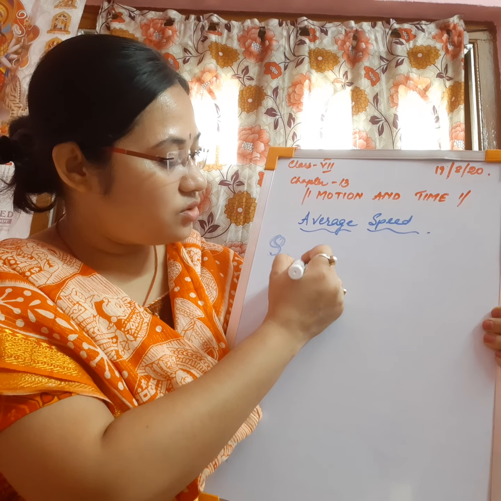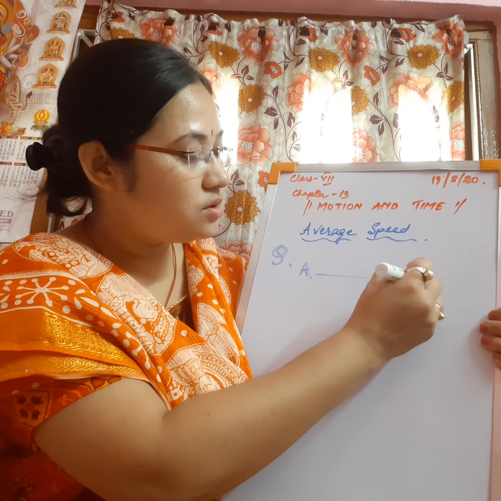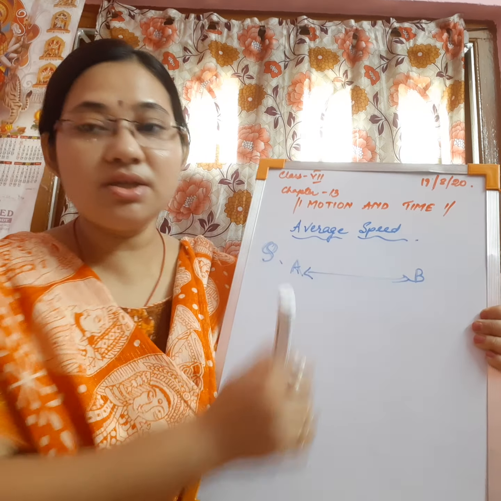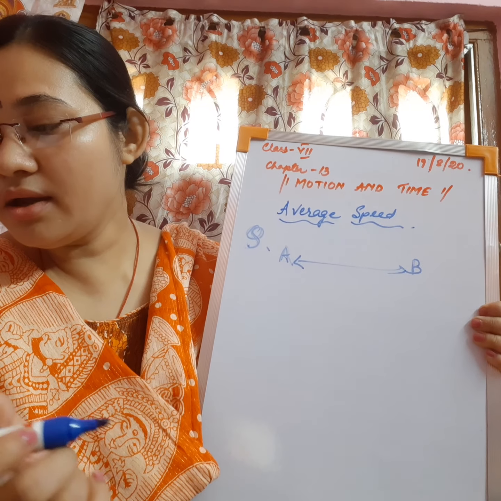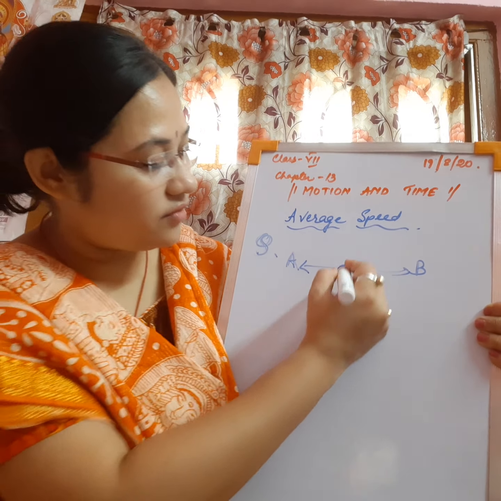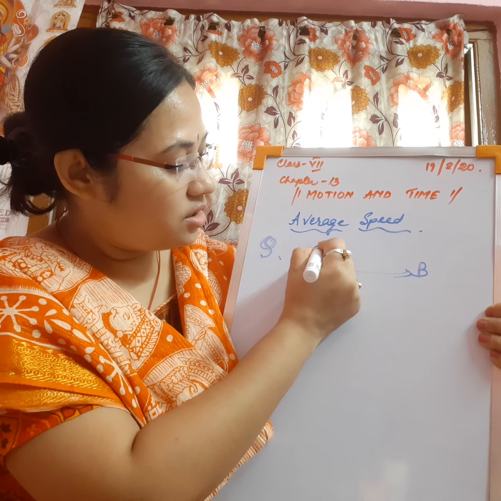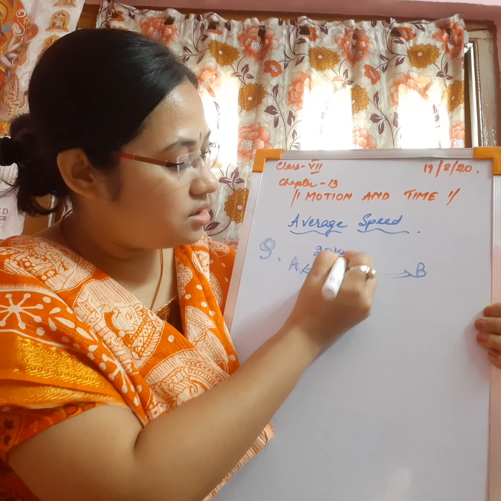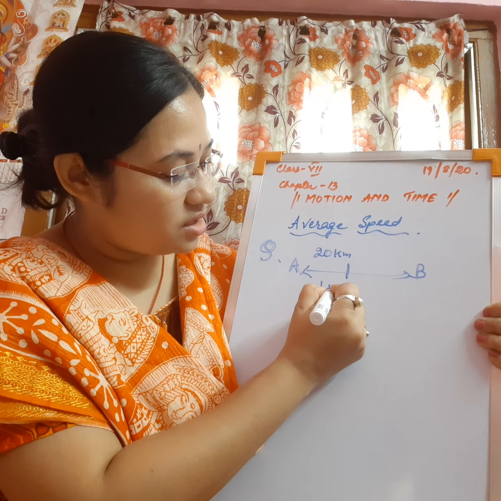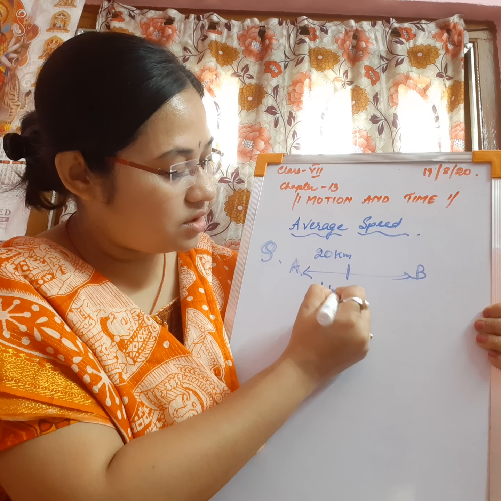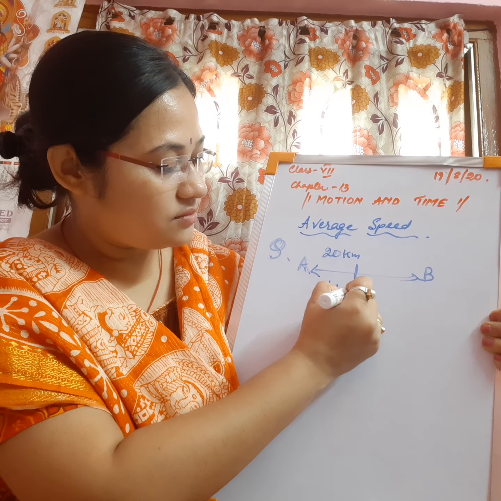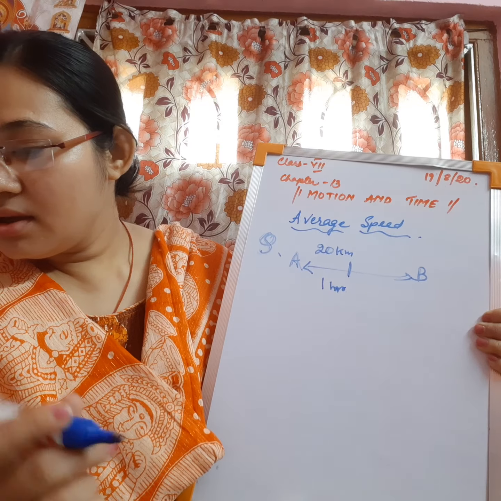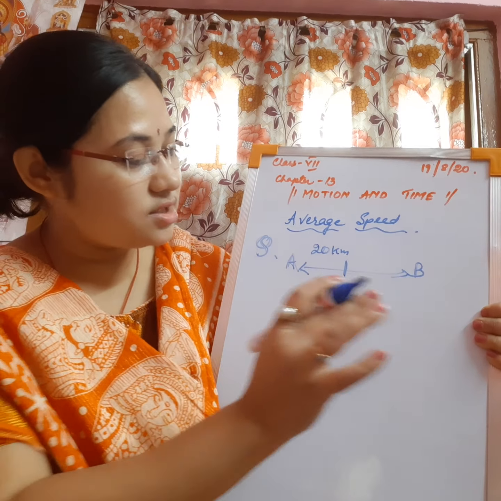Suppose a car goes from A to B. A car covers 20 kilometers in the first hour, that means 1 hour, and covers 30 kilometers in the last 4 hours.